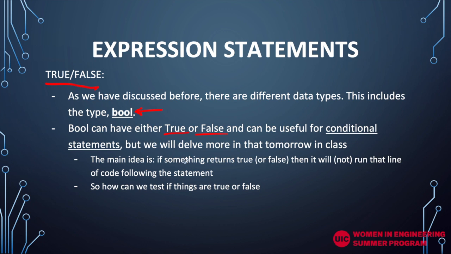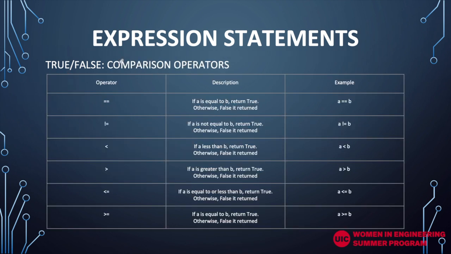But the main idea is if some statement is true, then the following code that is right under that statement and is indented will run. If the statement is false, then it will skip over those lines of code and go on.